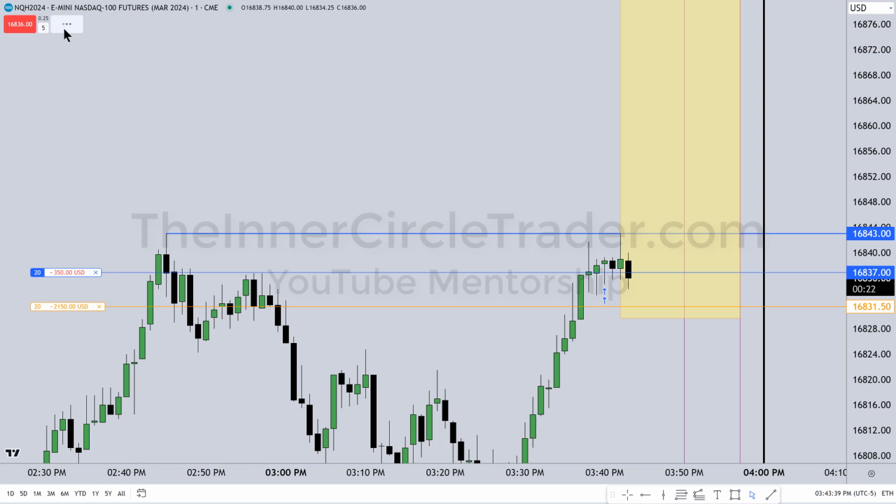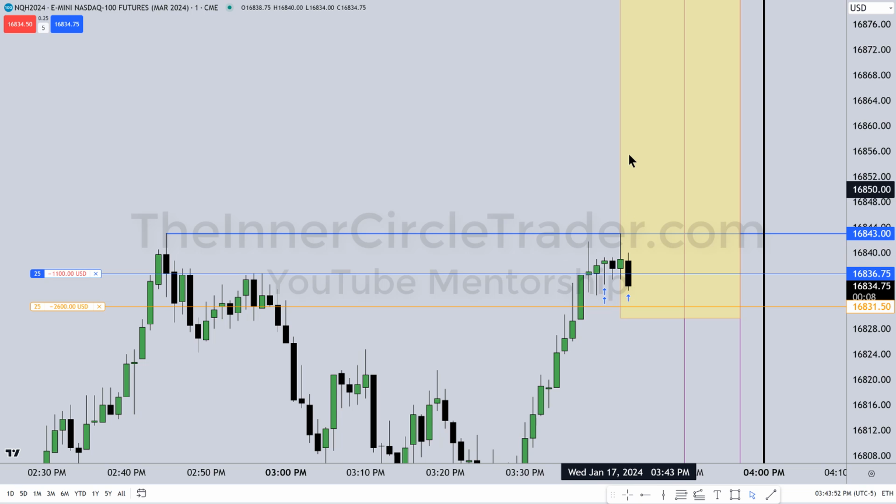And I'll buy that because we're digging into this wick here. It's a swing low, so we're digging into that consequent encroachment of that. That's what I was aiming for as an entry. And now we'll see this completely rip and go higher.